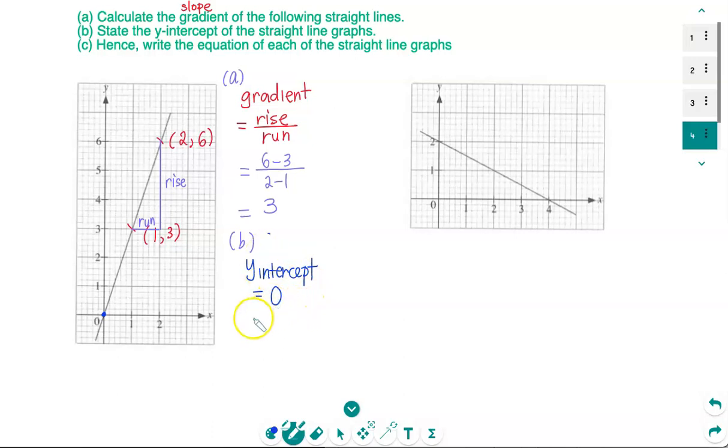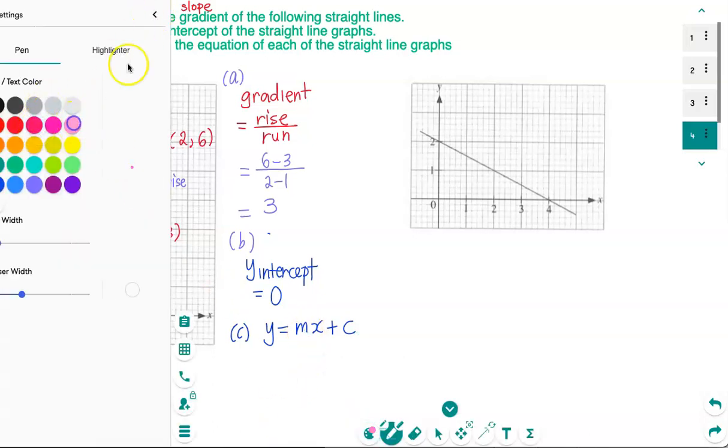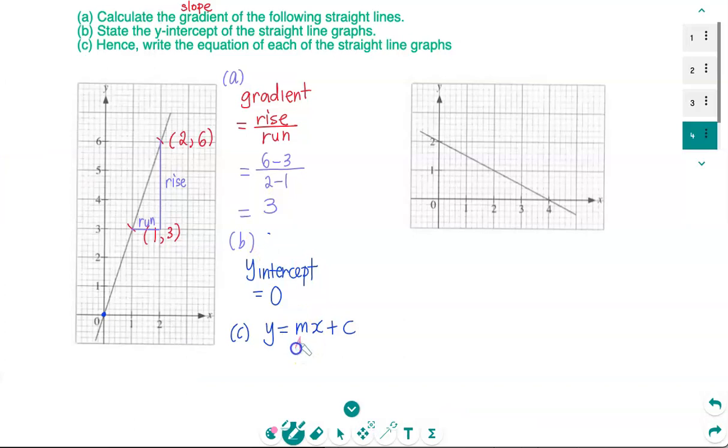Now, using this idea, we know that the equation of a straight line has a general form of y equals to mx plus c. The m stands for gradient, and the c stands for y-intercept.